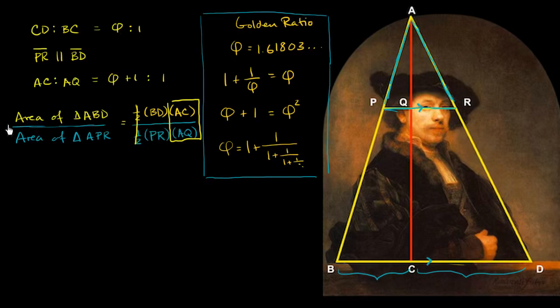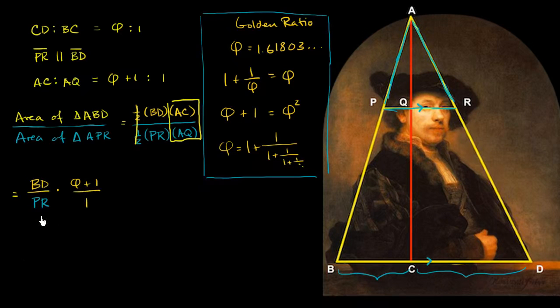This is going to be equal to the length of segment BD over the length of segment PR. And then this part right over here we can rewrite as 5 plus 1 over 1. So times 5 plus 1 over 1.